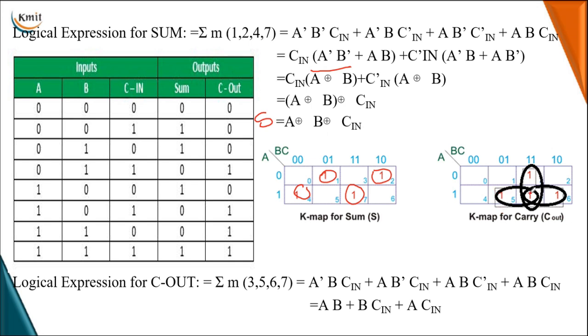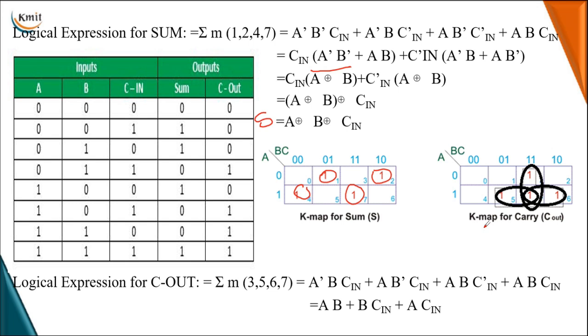Next, the carry output. Upon mapping, we can form three pairs here, from minterms 3, 5, 6, 7. Each pair can eliminate one variable which is not common.